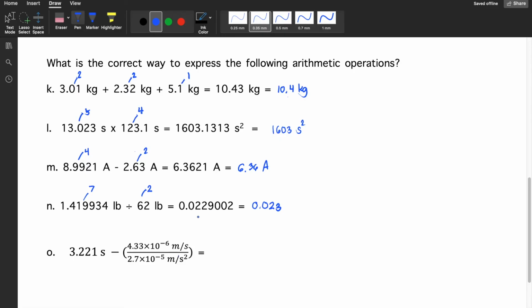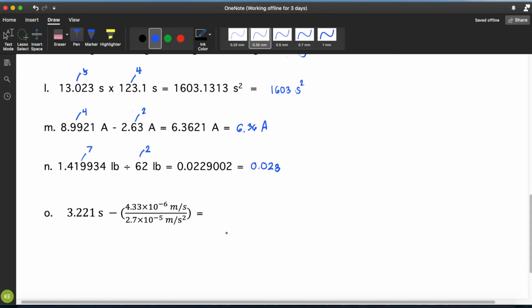Okay, lastly, we'll have 3.21 seconds being subtracted by the quantity enclosed in parentheses: 4.33 times 10 to the minus 6 meters per second divided by 2.7 times 10 to the minus 5 meters per second squared. We need to resolve first the numbers enclosed in the parentheses.